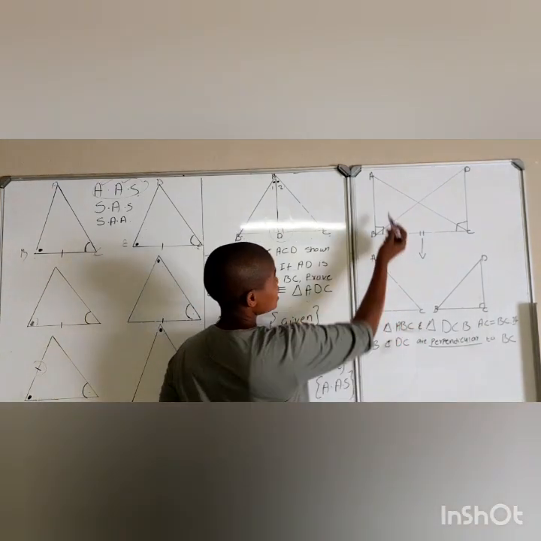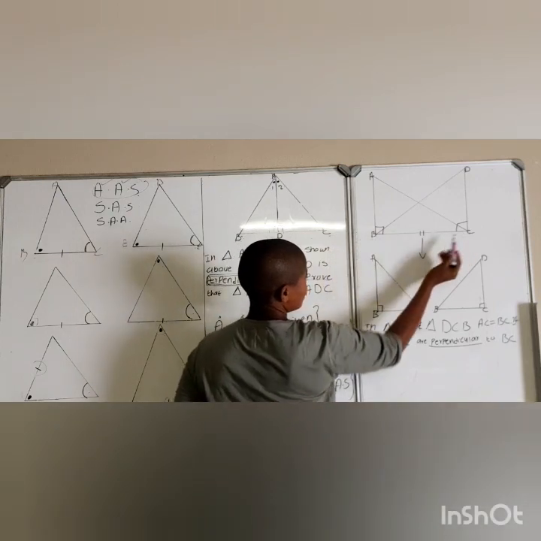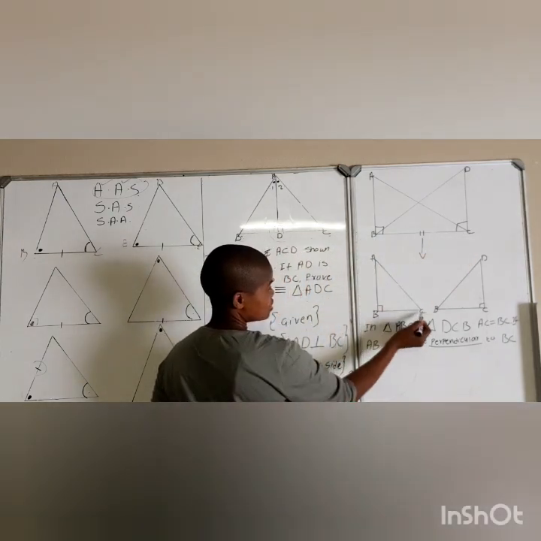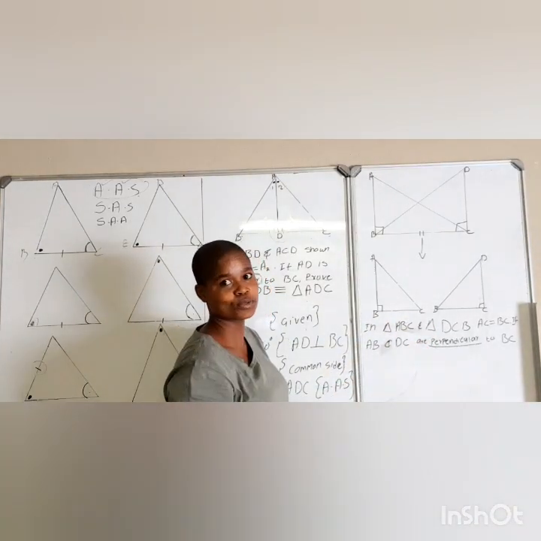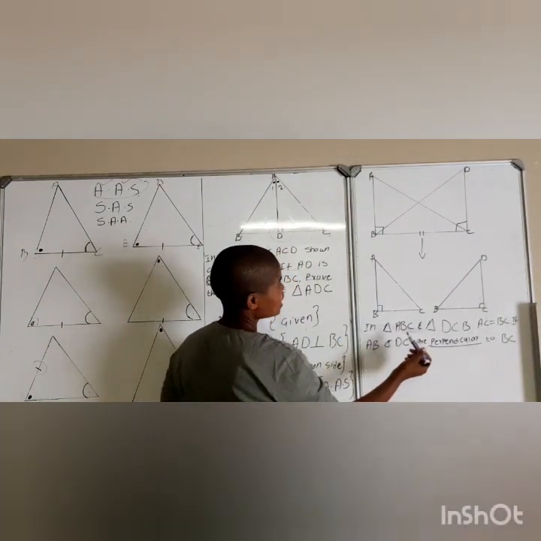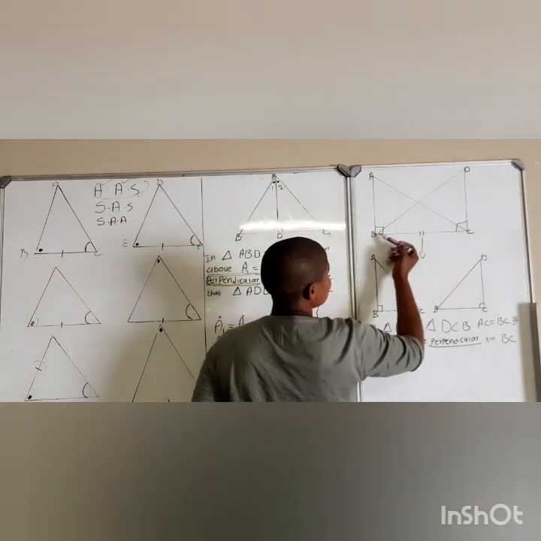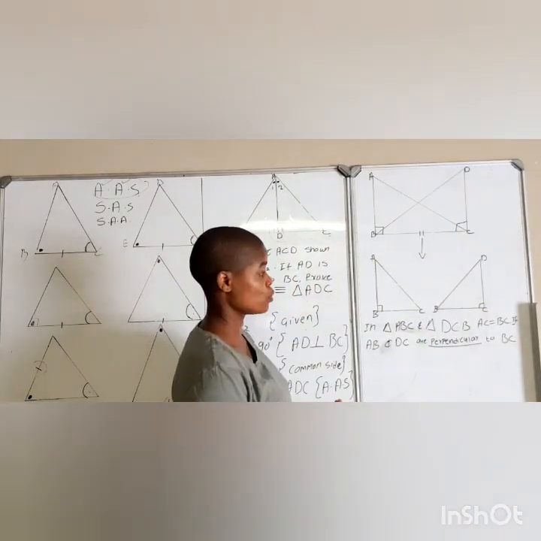So if you can see, I said A, B, C. I redrew it as A, B, C, so that I can see it. Yeah, you have to do what you have to do to understand, right? And then I said triangle DBC. I redrew it so that I can see what is going on there.